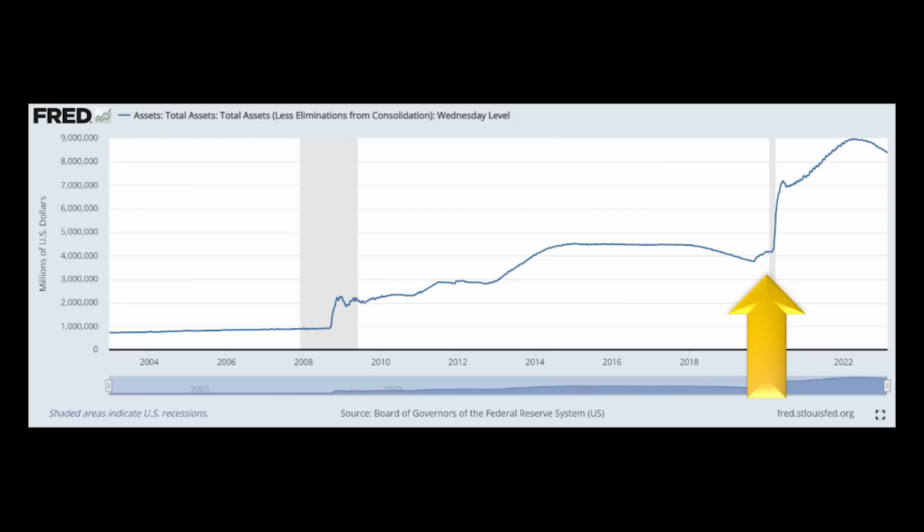What? Excuse me? So the plan is that the balance sheet is never going to go back down. They are going to keep assets at least at $2.2 trillion.